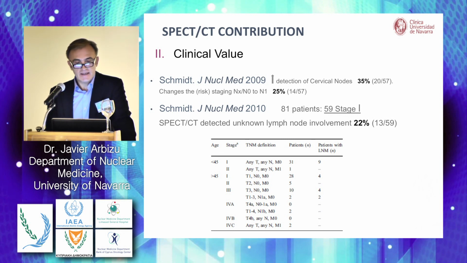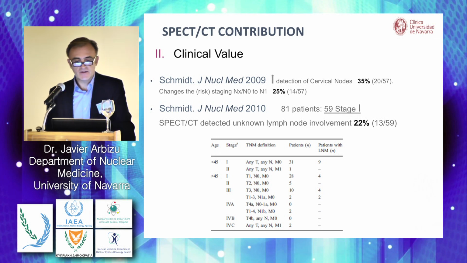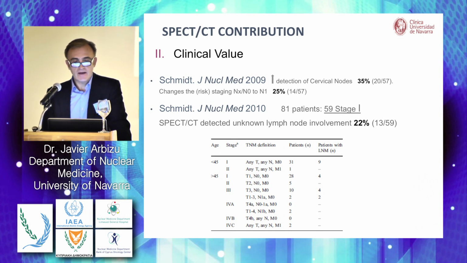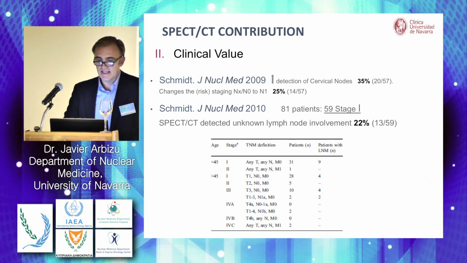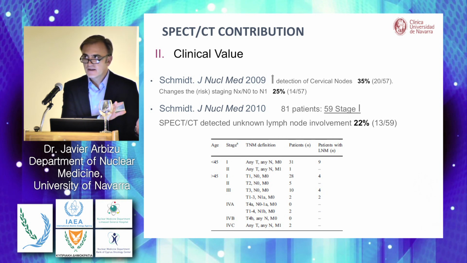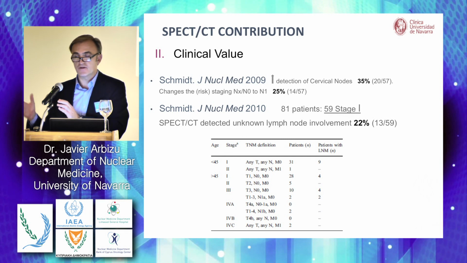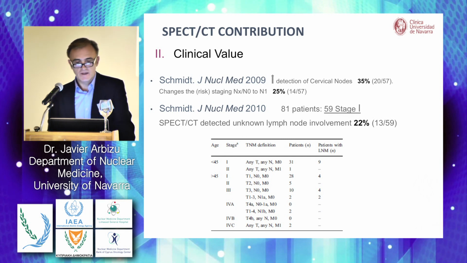And in this study, with 81 patients with stage 1, which was the majority before the study, they detected a previously unknown lymph node involvement in 22% of this stage 1, which is also important. So it's a low-risk patient, and now we have a low intermediate risk because they have lymph nodes after the stage. This is the TNM.